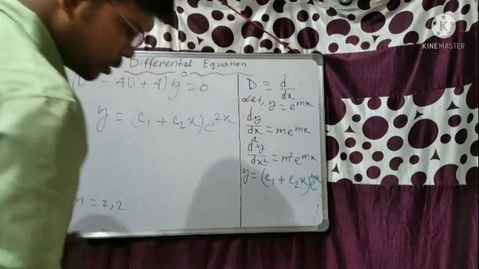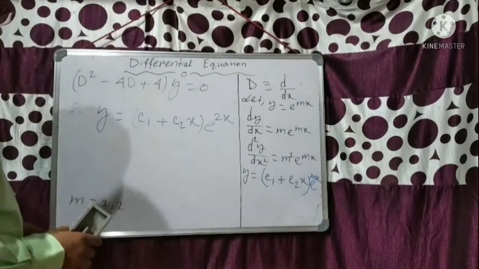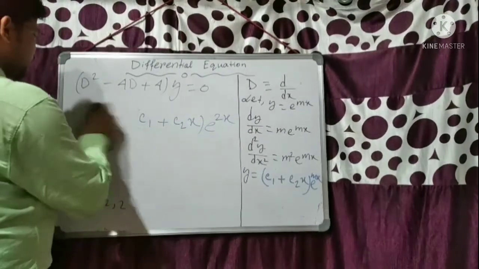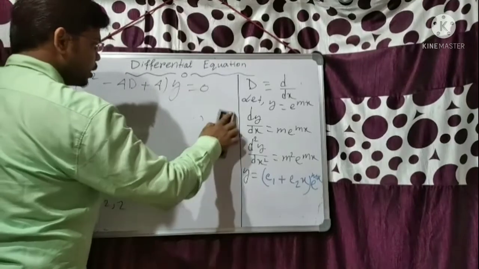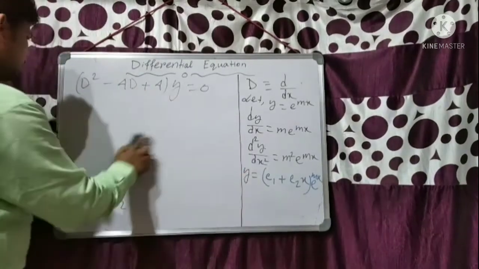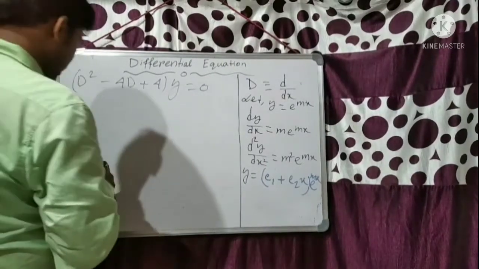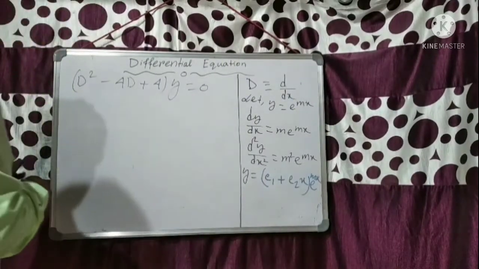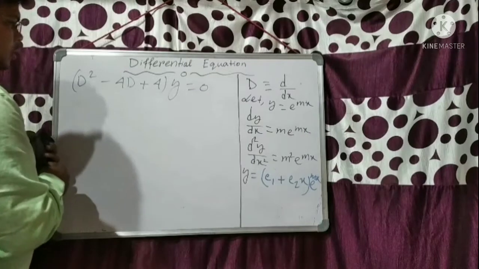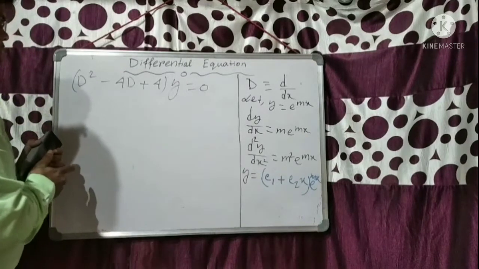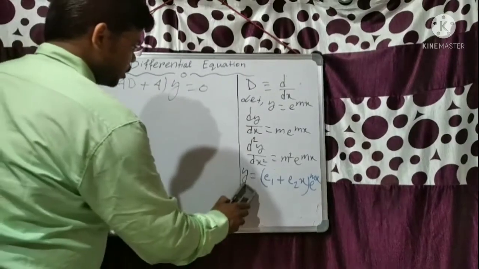Of this differential equation. So if I take another example, already two things we have discussed. If we get the values of m are real and distinct, and if we get the values of m are real and equal. Now the case of if the values of m are complex conjugate, then what will be the solution of the differential equation?